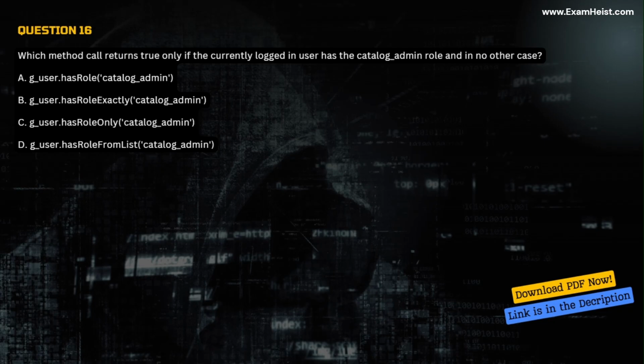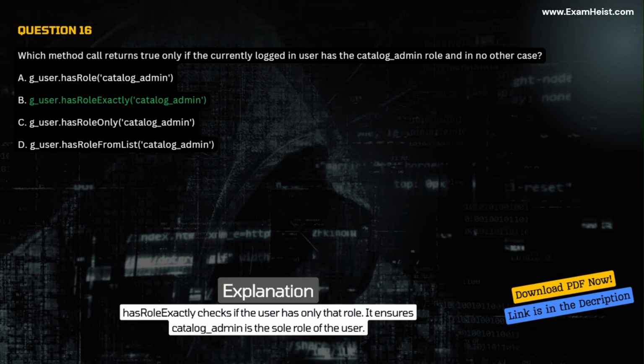D. g_user.hasRoleFromList, catalog_admin. Correct answer B. g_user.hasRoleExactly, catalog_admin. Explanation. hasRoleExactly checks if the user has only that role. It ensures catalog_admin is the sole role of the user.